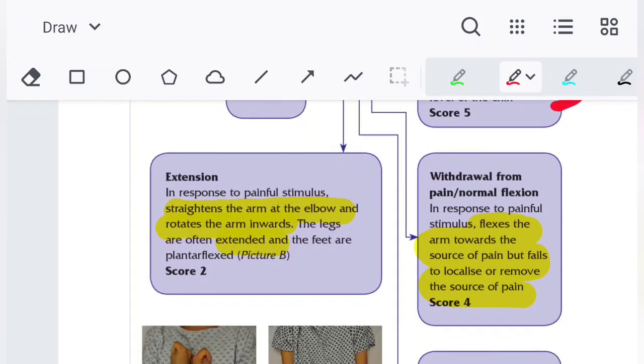Now if the patient withdraws from pain, that is flexes the arm towards the source of pain, but cannot properly localize the source of pain, that is cannot remove the arm of the examiner causing the pain stimulus, so withdrawal from pain is there, that is score of 4.